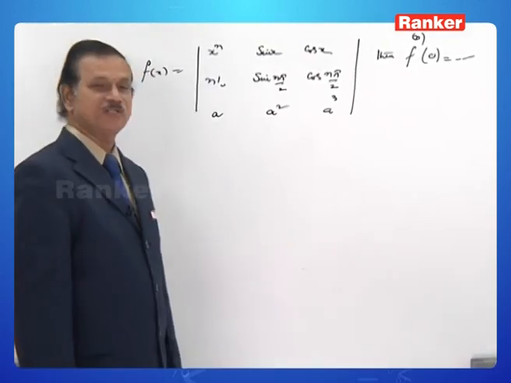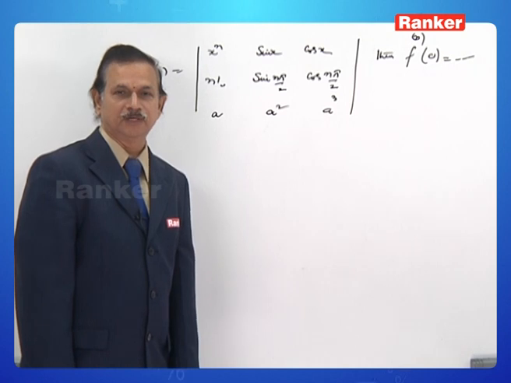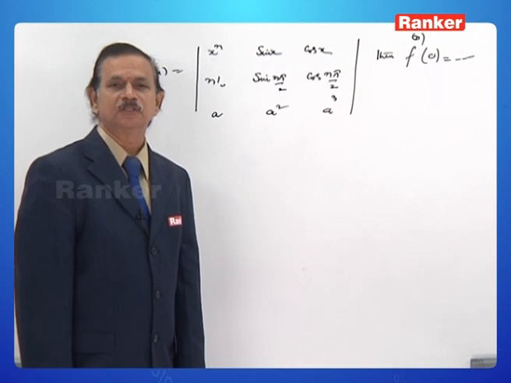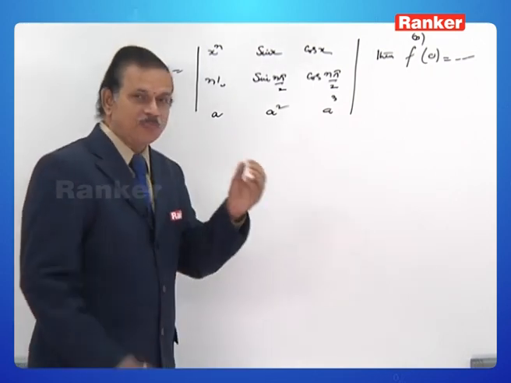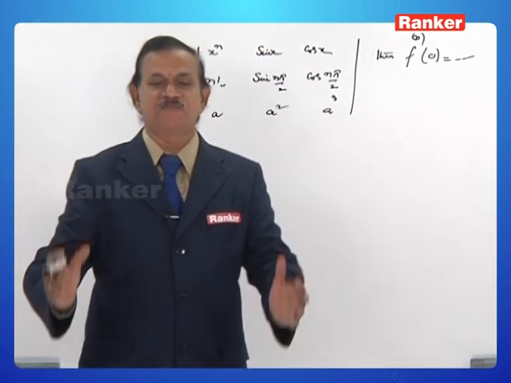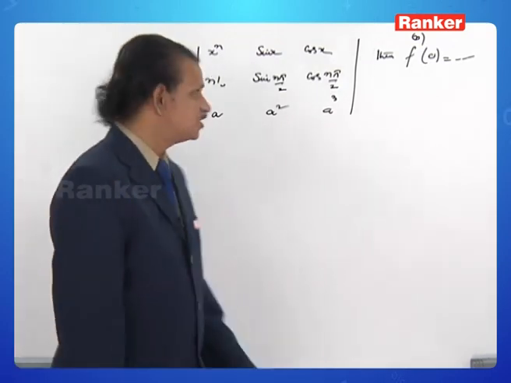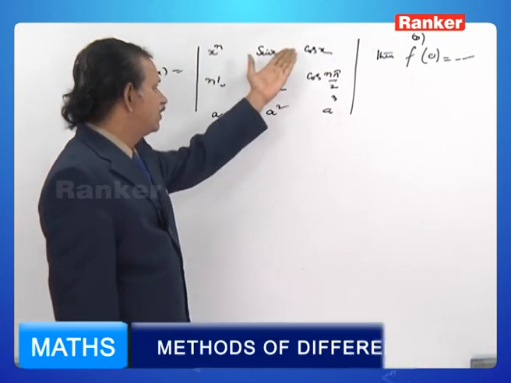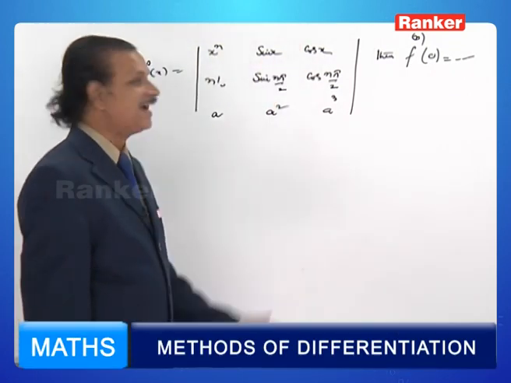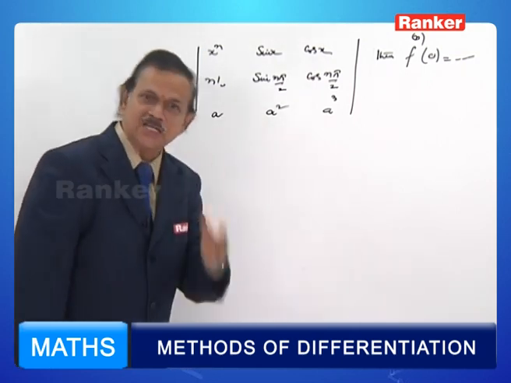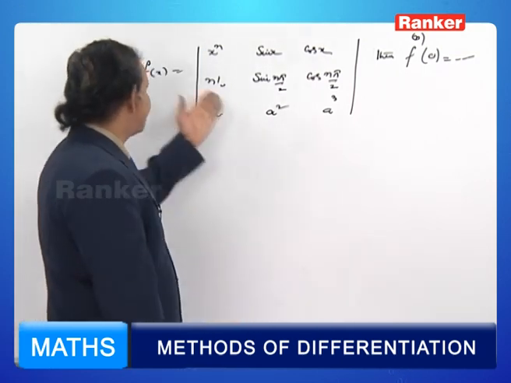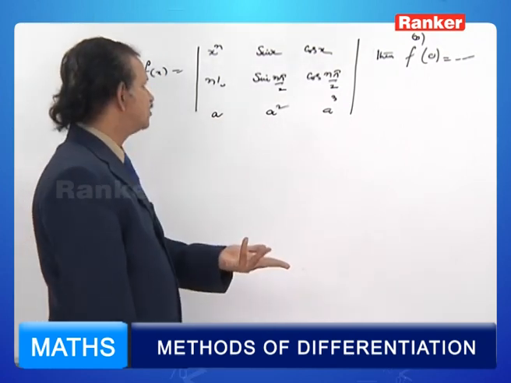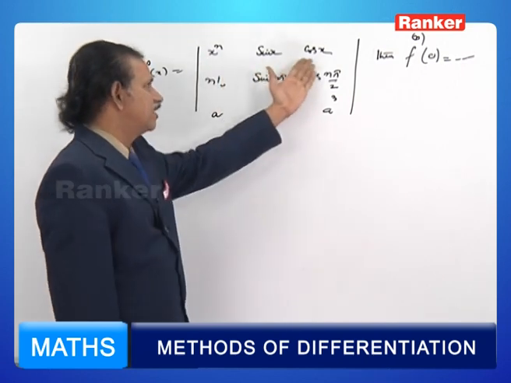Let us observe the question given on the board. There are certain options. I am not interested in giving the options. What is done here? The function itself is given in terms of a determinant, and in this determinant there are three different functions: u of x, v of x, w of x, and the other two rows are constants. This is f of x. What is f dash x? Again it is a determinant. In the first row it becomes the derivative of this, derivative of this, derivative of this.